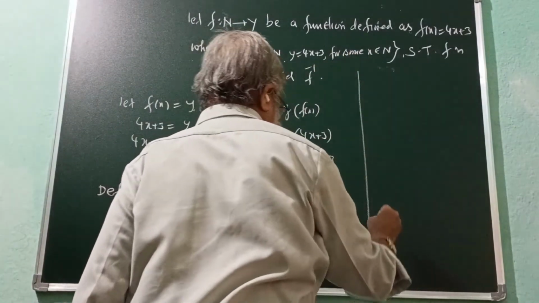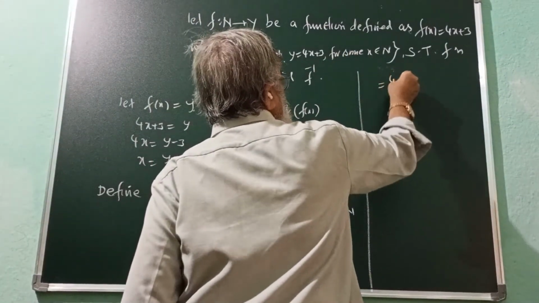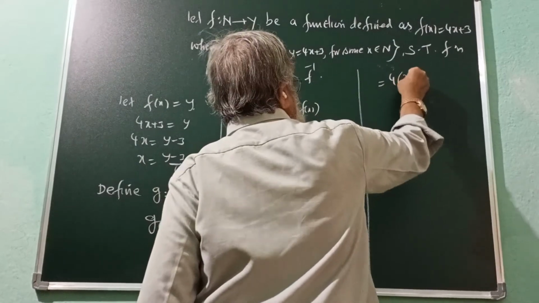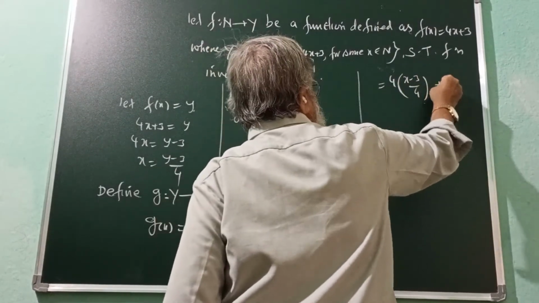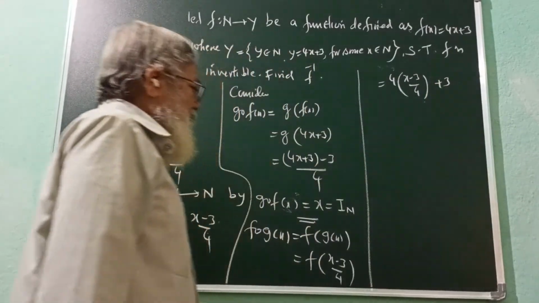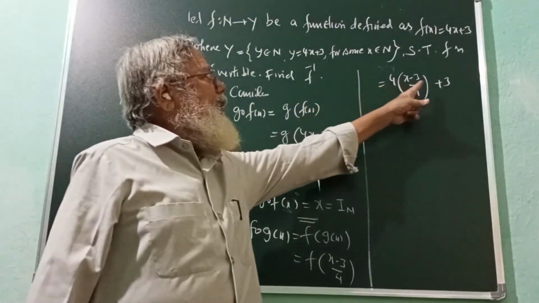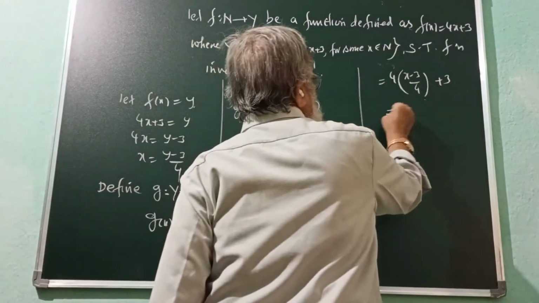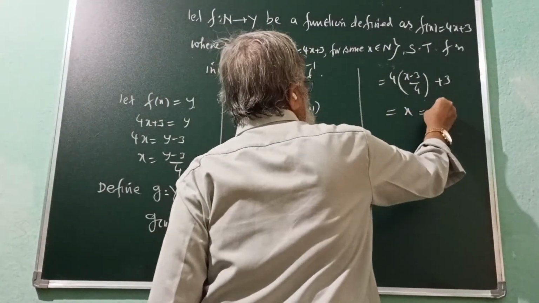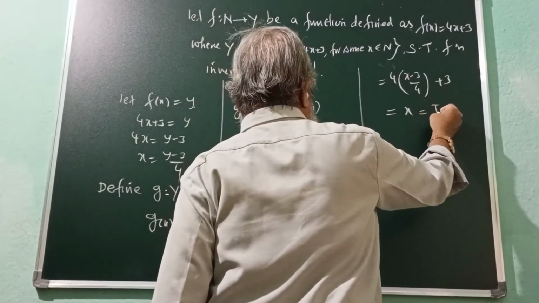So we write 4 times x, where x is x minus 3 by 4, plus 3. See here, application of f: 4x plus 3. 4 cancels with 4, then 3 cancels with 3. Here you see this is nothing but the identity mapping.